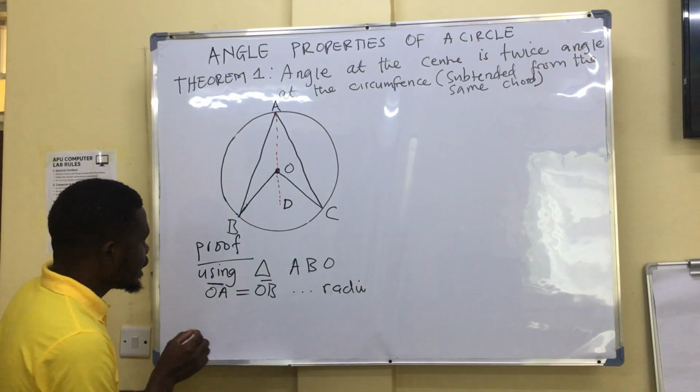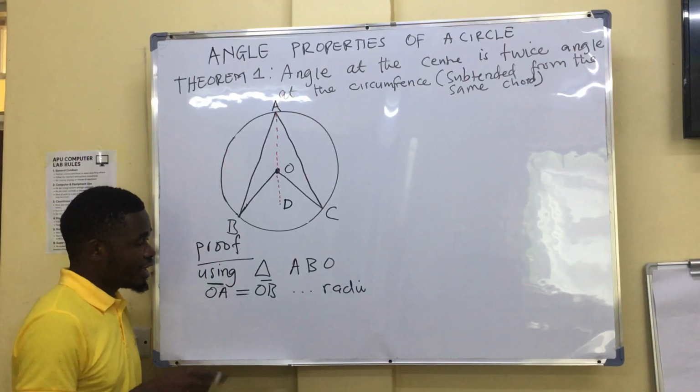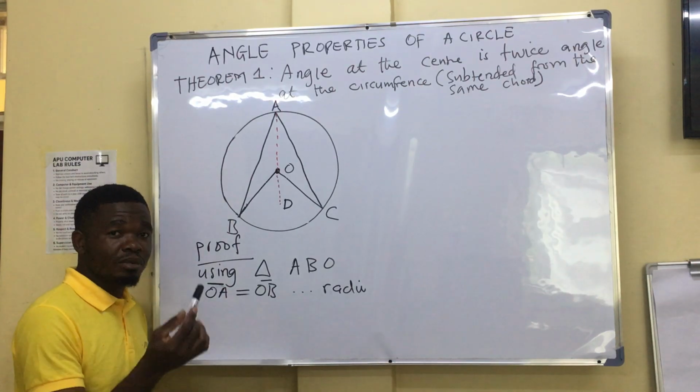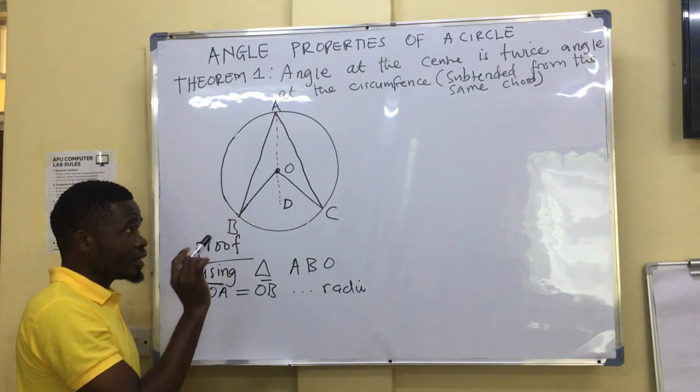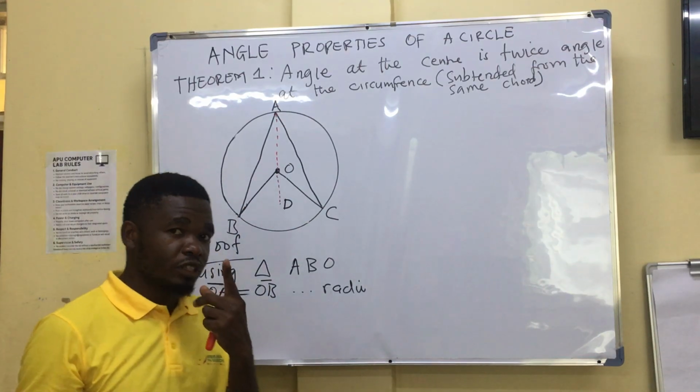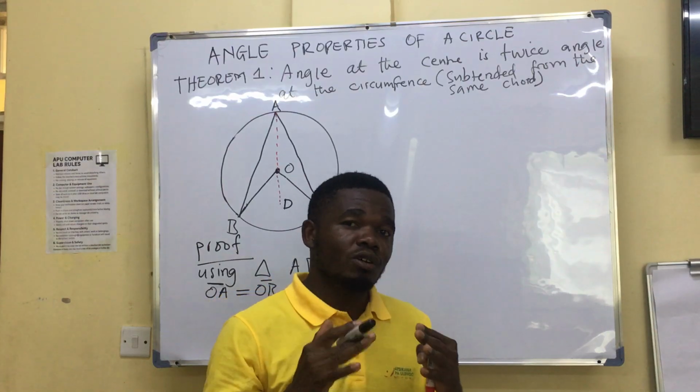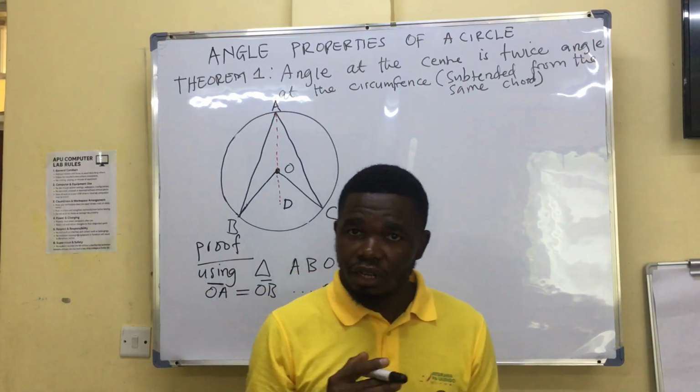Meaning if lines OA and OB have the same length, they are equal. Remember the first property of a triangle: if two sides of a triangle are equal, then the triangle is isosceles.